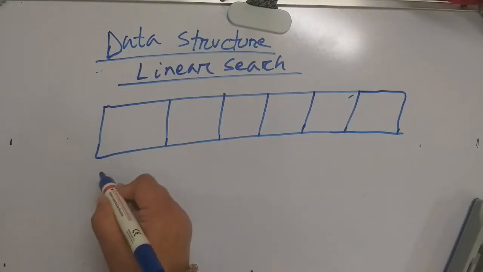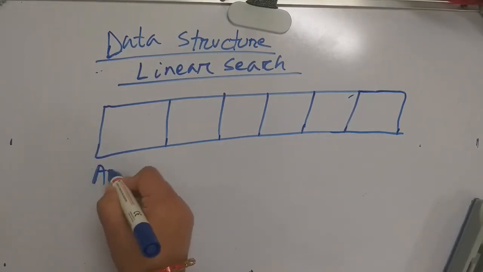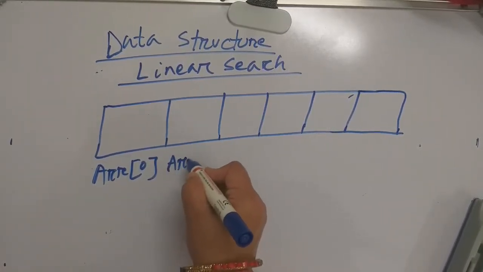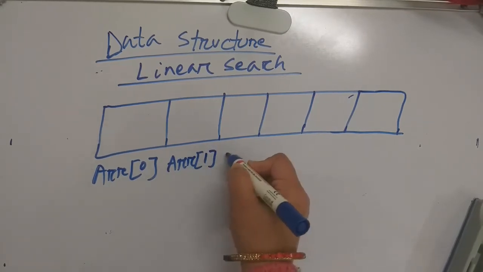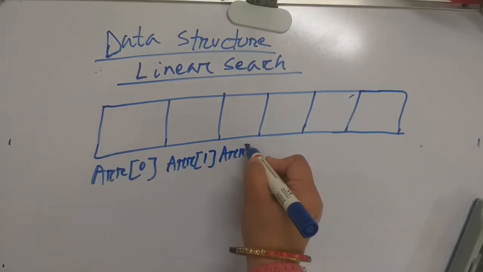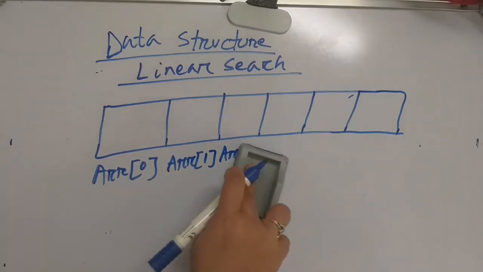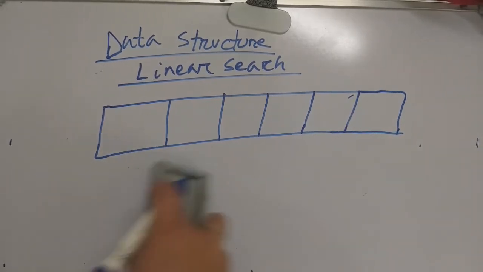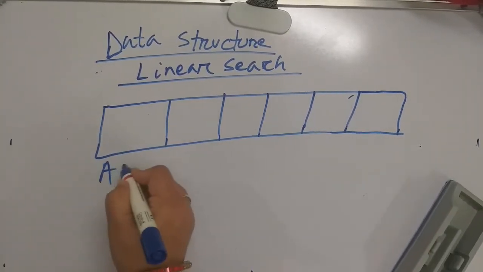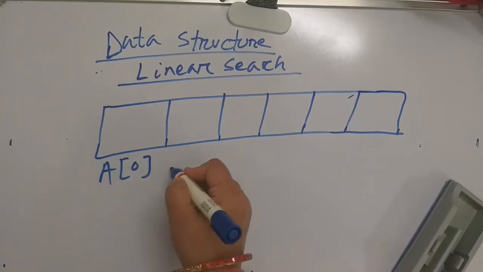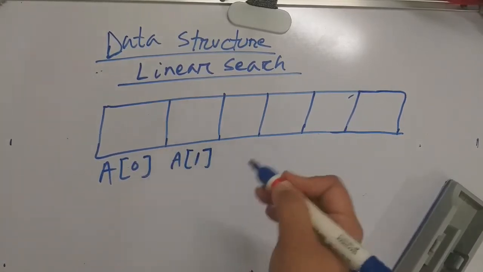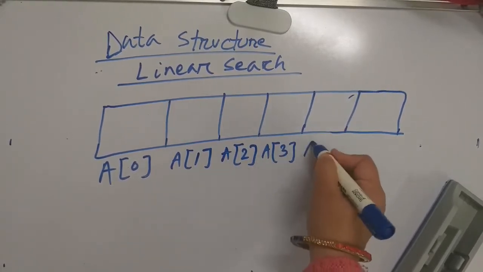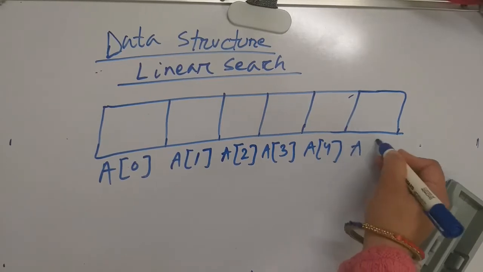An array has a name, and we start indexing like this: 0, 1, 2, 3, 4. For convenience I am naming it A, not ARR, because ARR is too long. So A0, A1, A2, then A3, A4 and A5.